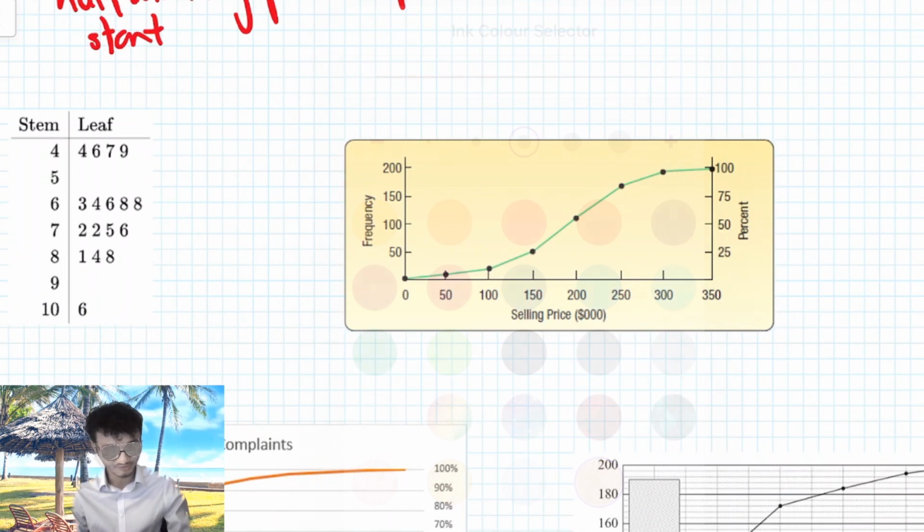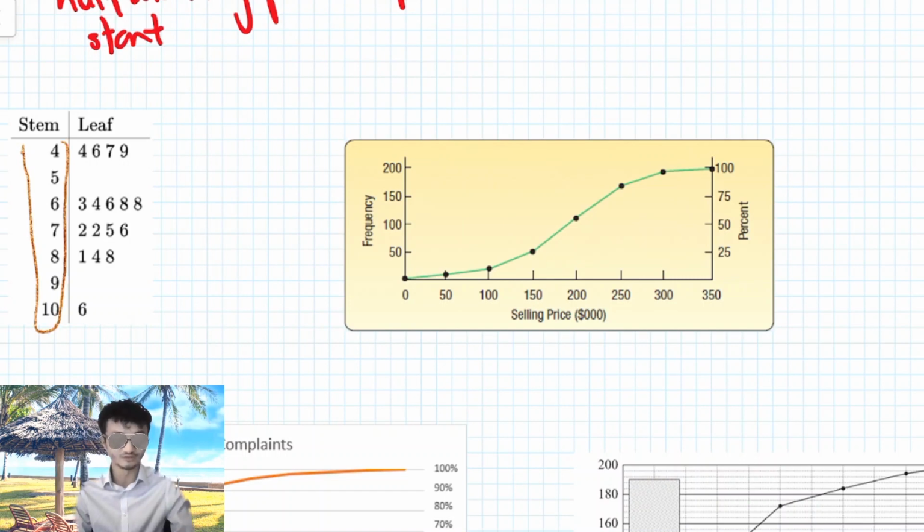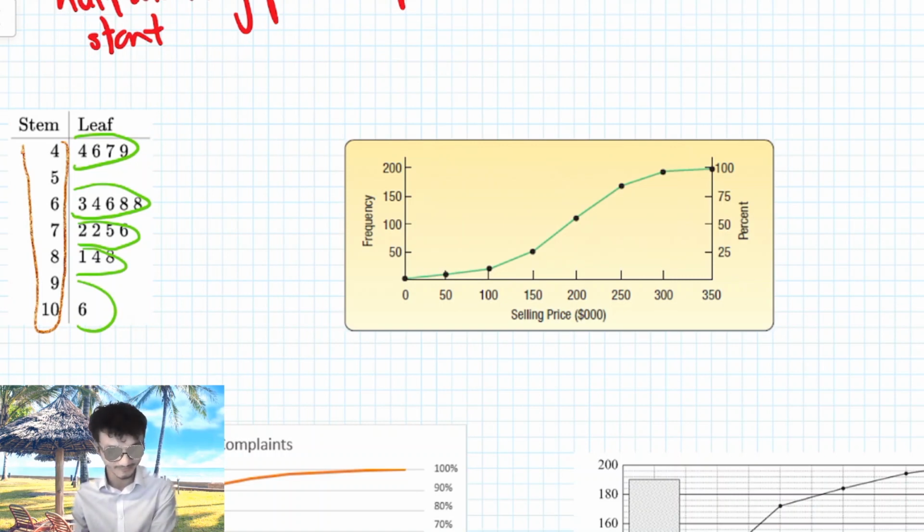Stem and leaf plot, you've seen those before. The idea with the stem and leaf plot is that this is your stem, kind of like the stem of a tree or a plant, and then these coming out here are your leaves, if you want to visualize it like that. Some important things to note: again, we tend to use this for discrete data. What do the stem and leaves represent?